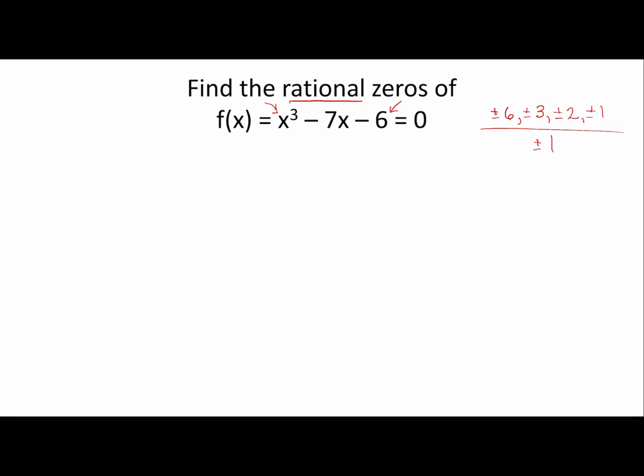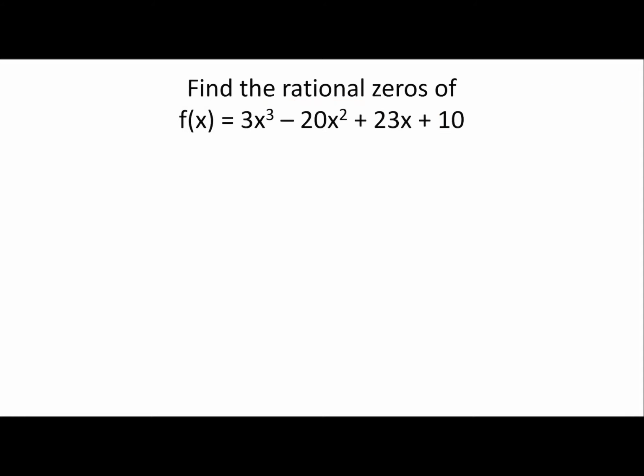Because 6 has factors of 6, 3, 2, or 1, both positive and negative, and the leading coefficient 1 has factors of 1. So of all the possible numbers in the world that could be zeros of this polynomial function, there are only 8. This is our potential pool of zeros.